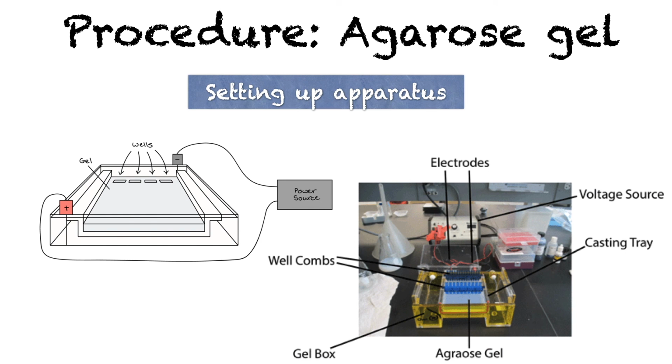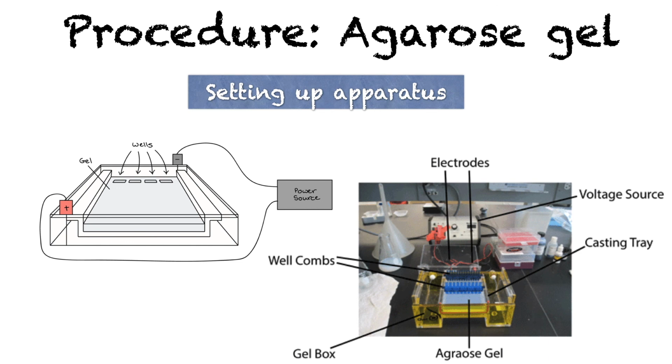We have to set up the apparatus in the right way. In a biotechnology lab, we will have a gel tank. So once we remove the comb, we put the cassette with gel into that gel tank.